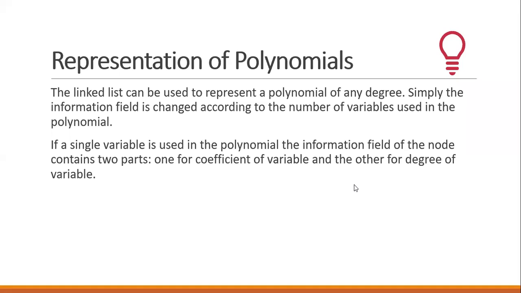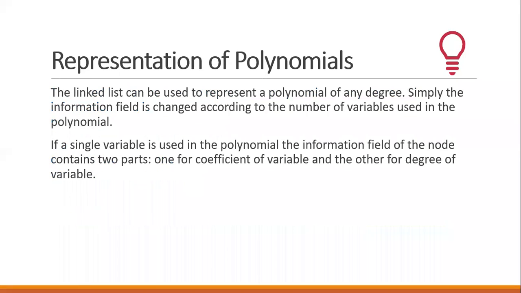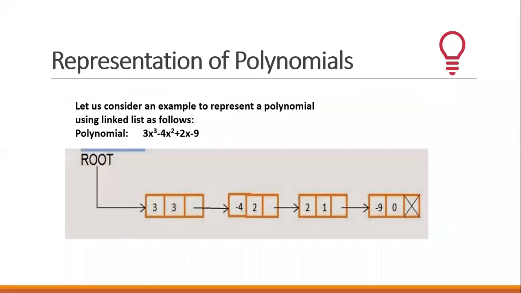So that's what we saw over here: if we talk about 10x square plus 26x, this is going to be one term and this is going to be the second. That's why we will definitely need a connecting node also. So taking an example, we have a polynomial like 3x cube minus 4x square plus 2x minus 9.